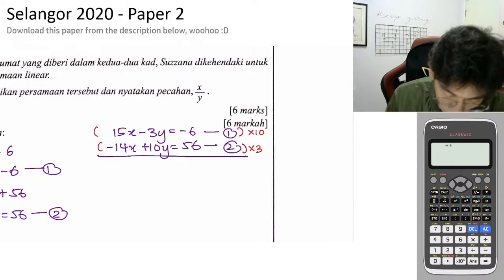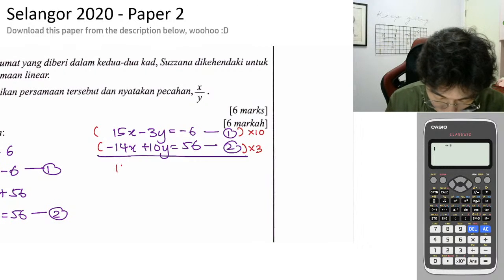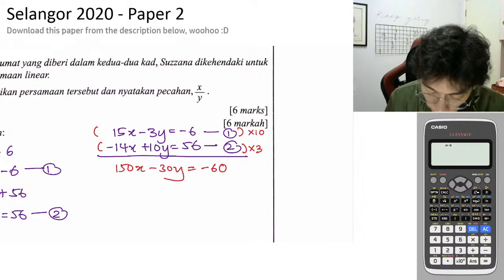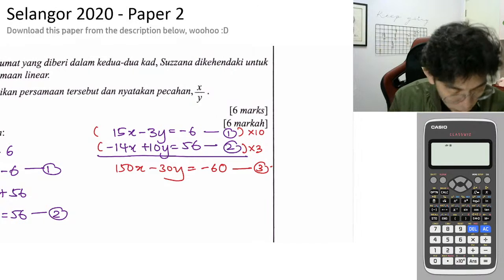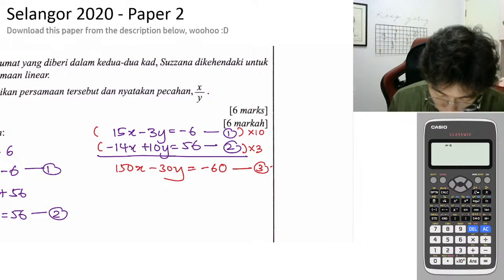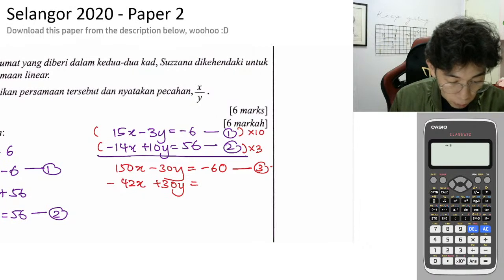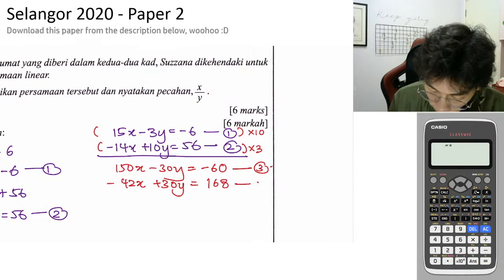So I'm going to write the first one as 150x minus 30y equals minus 60. That will be my equation number 3. This one I rewrite because I'm going to multiply by 3. So 14 times 3 I get negative 42x, plus 30y equals 56 times 3, which is 168. This is equation number 4.